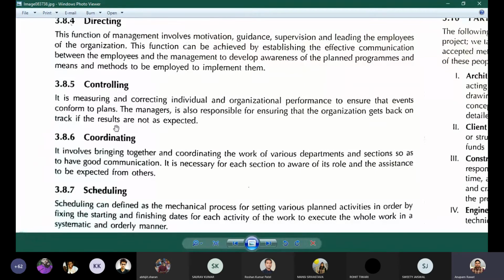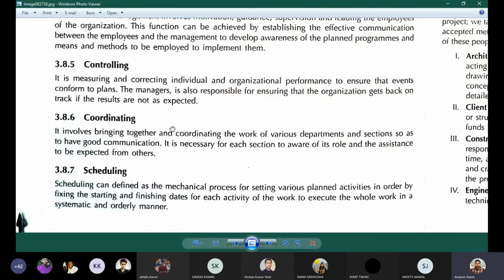Coordinating involves bringing together and coordinating the work of various departments and sections. There are various department sections in the construction. Also, scheduling can be defined as the mechanical process of setting various planned activities in order by fixing starting and finishing dates for each activity of work, so as to execute the whole work in a systematic and orderly manner.